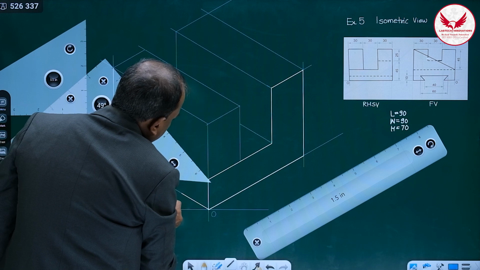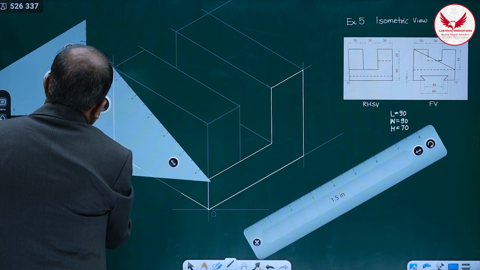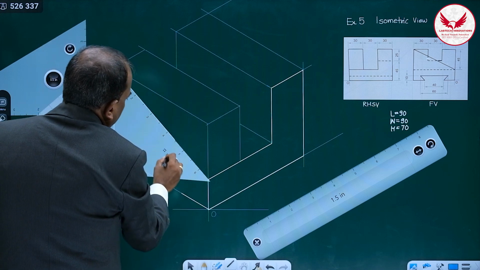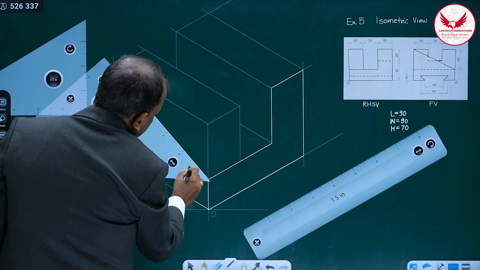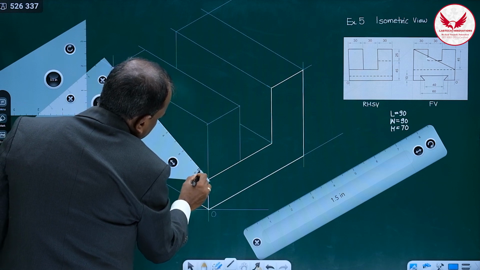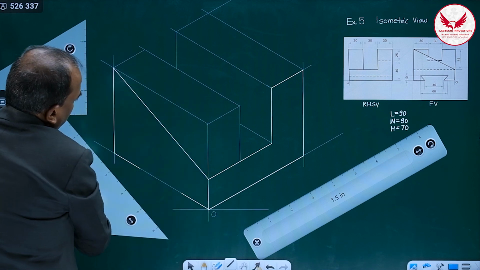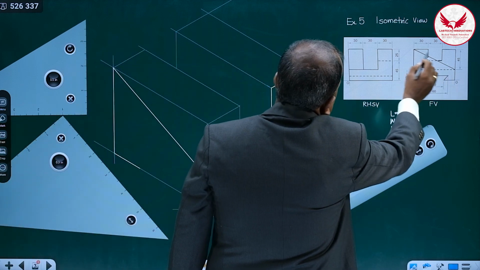Straightaway we can mark this line. So if you see the front view of this object, we are having such a portion.